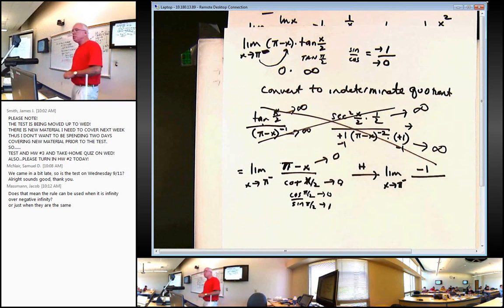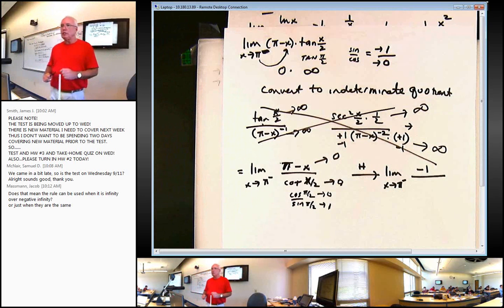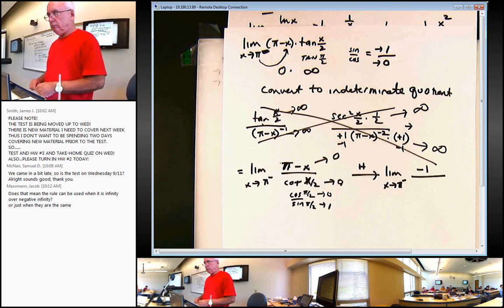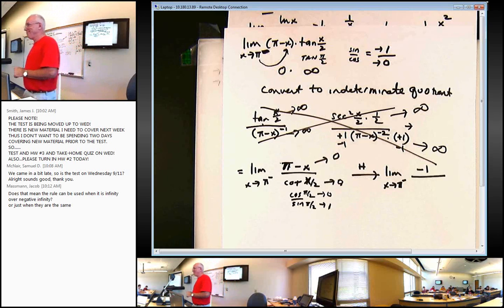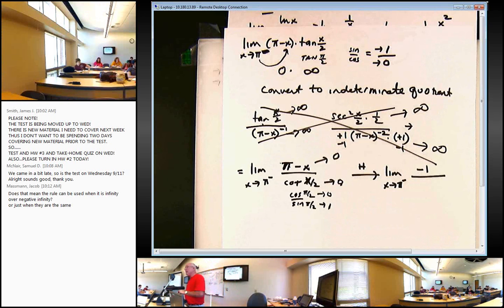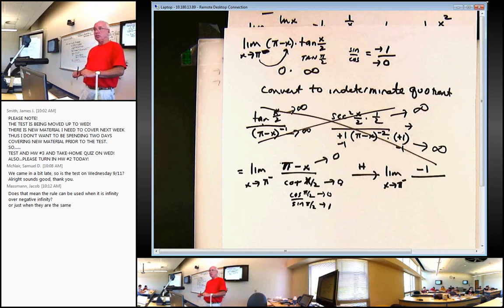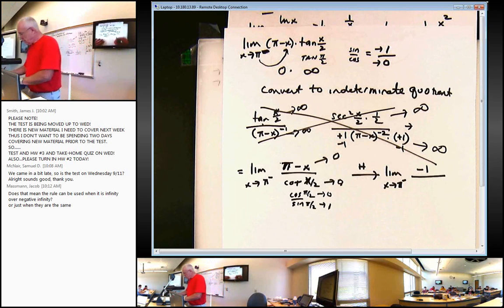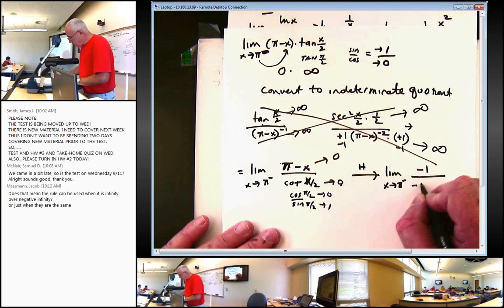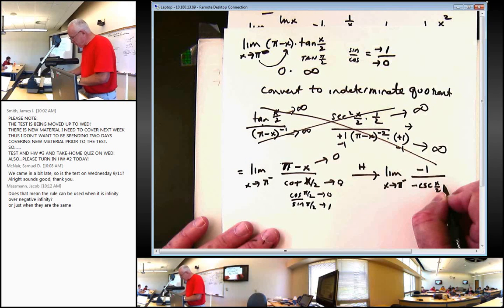And what's the derivative of the cotangent function? Negative cosecant of x over 2 times the cotangent of x over 2.